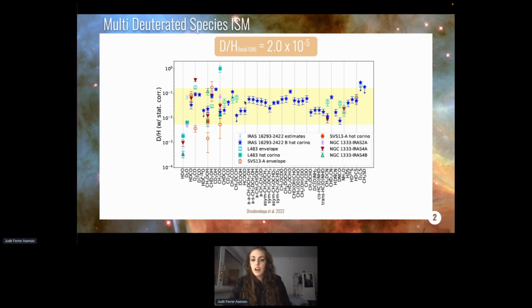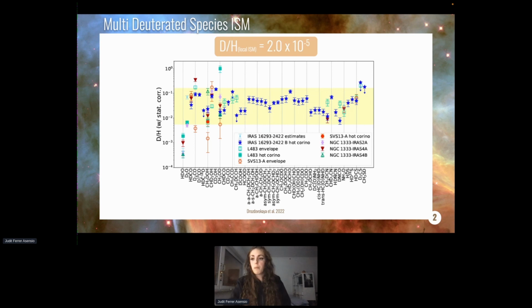The different symbols correspond to different sources where these molecules were observed, and as you can see, most of these molecules oscillate in this yellow band, and you can see that this yellow band is way higher than the 2 times 10 to the minus 5. So this is reflecting what we were saying about the deuterium fractionation.